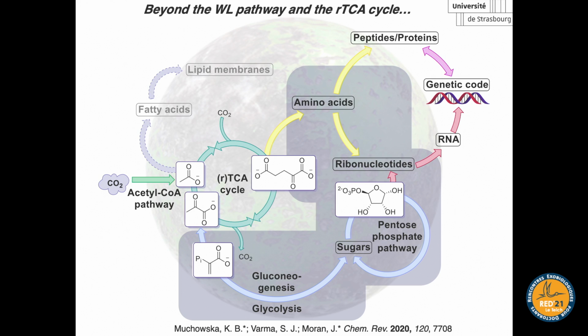What is actually left to be dealt with in this simplified scheme of biochemical networks is this. So now I would like to tell you what the Moran Lab, the Laboratory of Chemical Catalysis, is working on at the moment. And most of this is not published, so I'm going to be slightly vague.